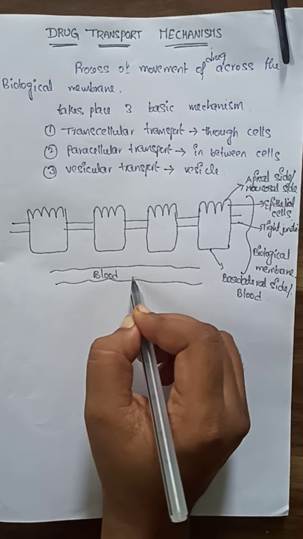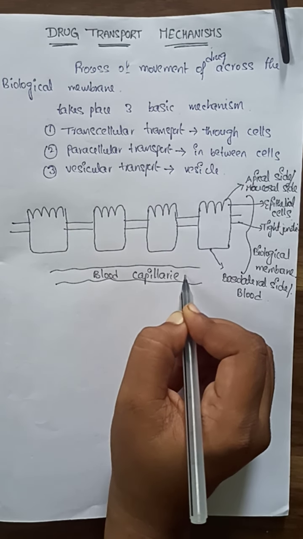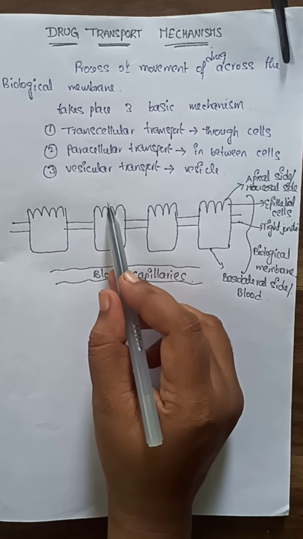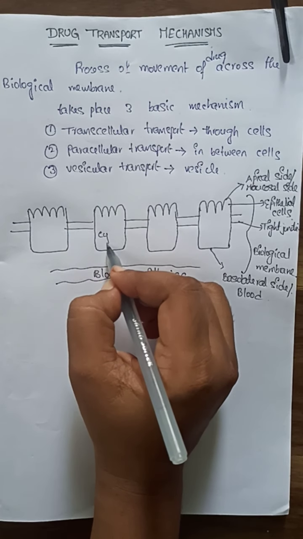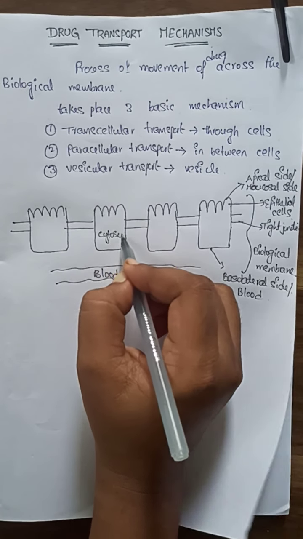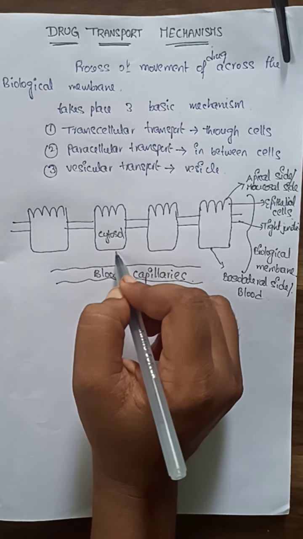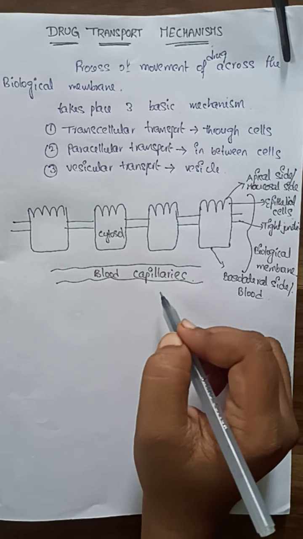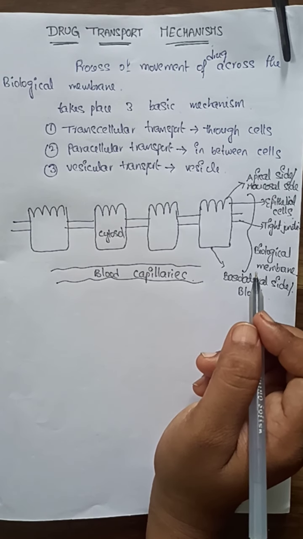Always the drug has to permeate through these epithelial cells and enter into the cytosol, pass across the cytosol, and again permeate through the basolateral membrane, and now it enters into the blood capillaries. Through the blood it reaches the various organs and shows its pharmacological action.